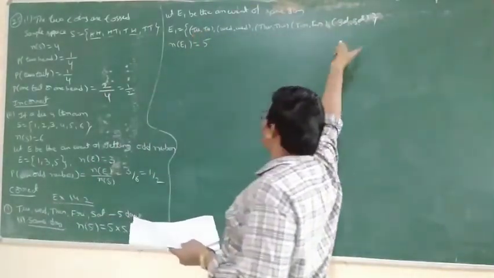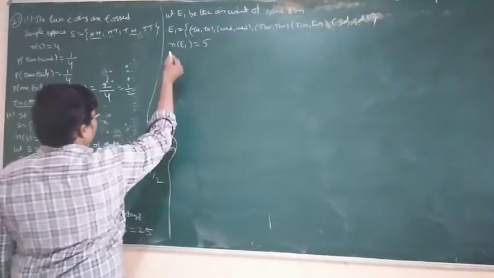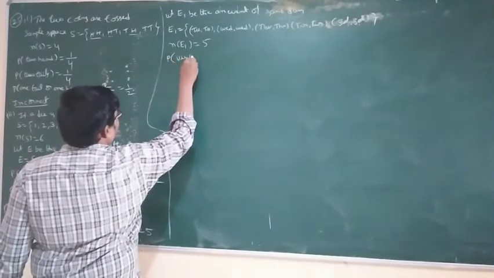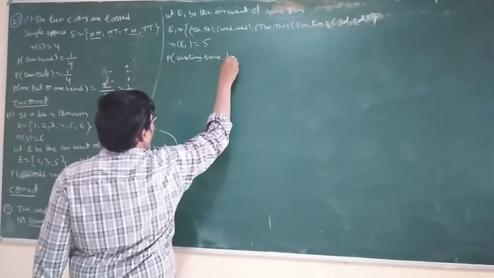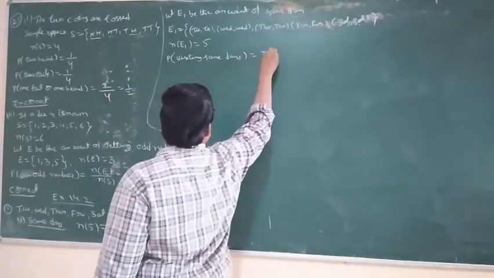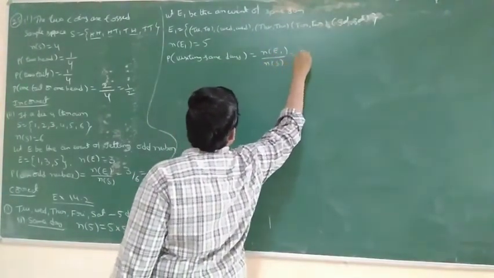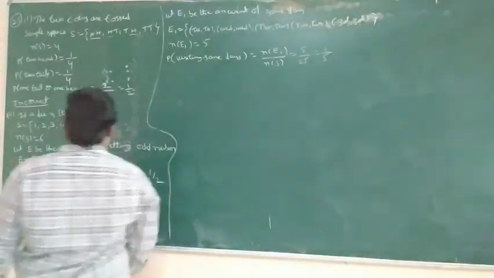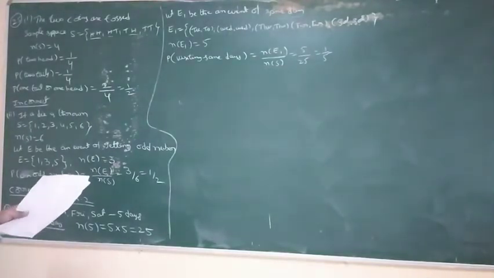The two members visit the shop on the same day, N of E1 is equal to 5. Probability of visiting on the same day is N of E1 by N of S, that is 5 by 25, equal to 1 by 5.